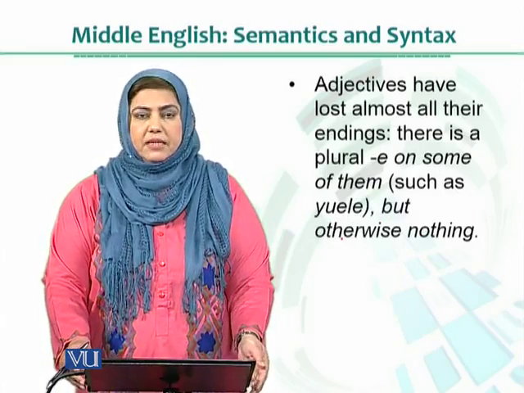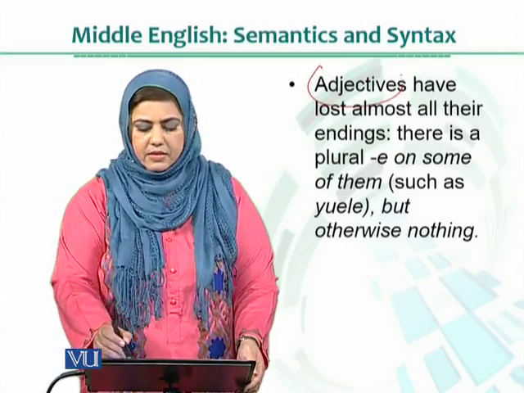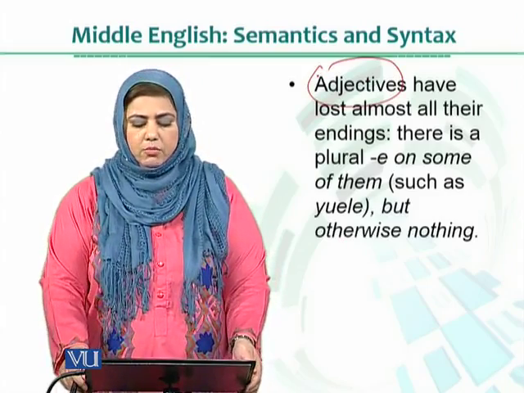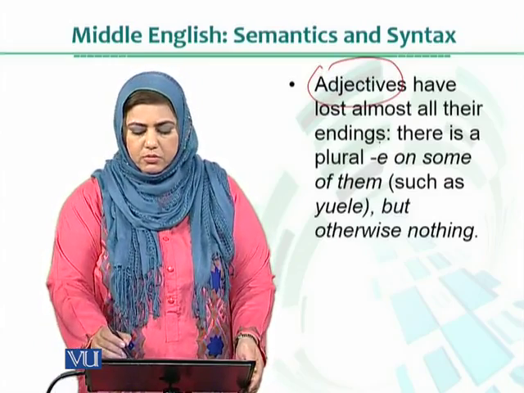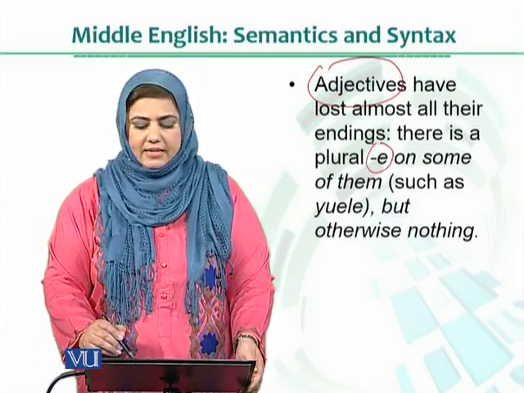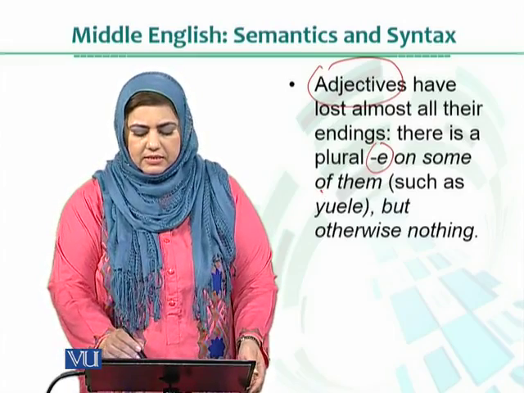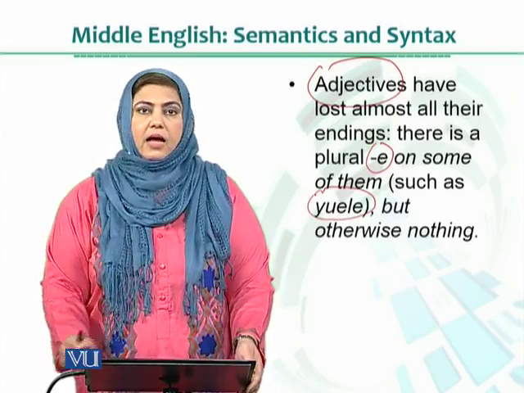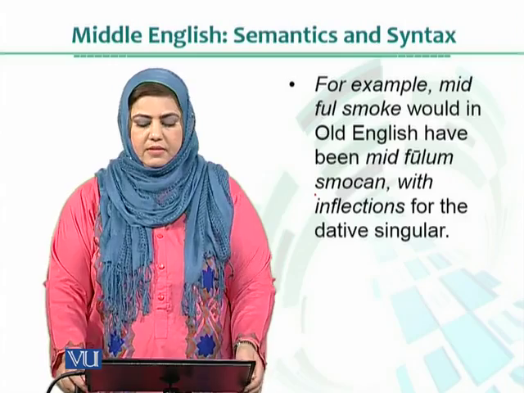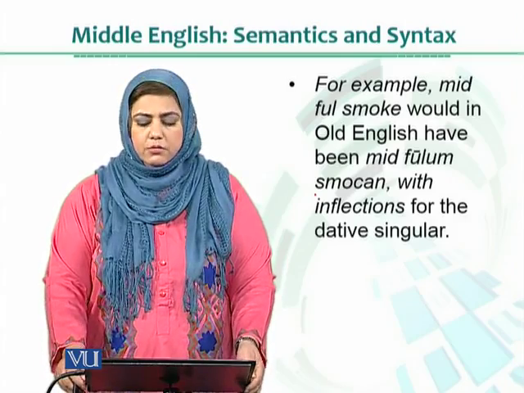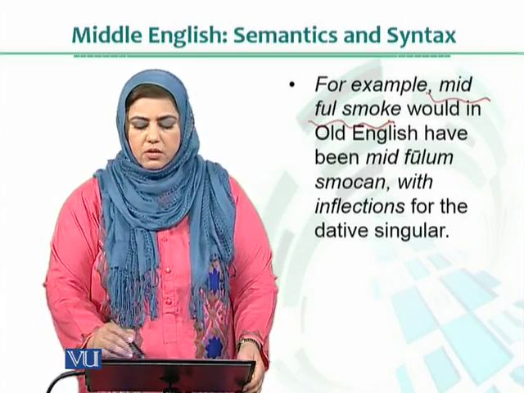Another important aspect that I want to discuss is adjectives. Adjectives have almost lost their endings here. There is a plural by adding E at the end on some of them. Otherwise, we do not find any examples. So, for example, mid full smoke.